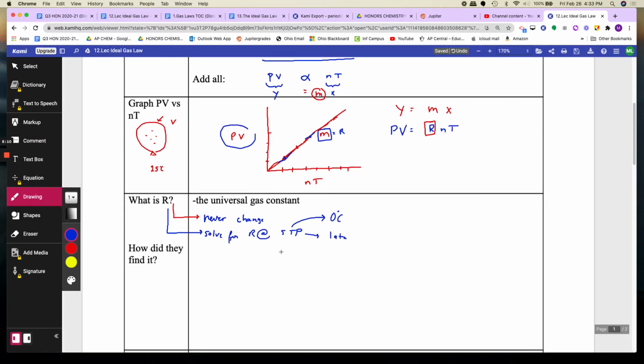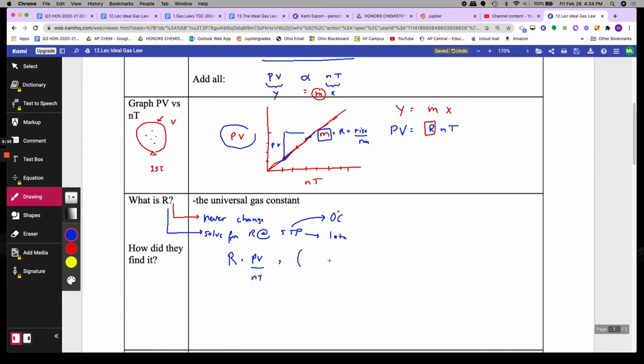Okay, so R is equal to rise over run, because that's the slope. Rise is PV, so R is equal to PV over run, nT.